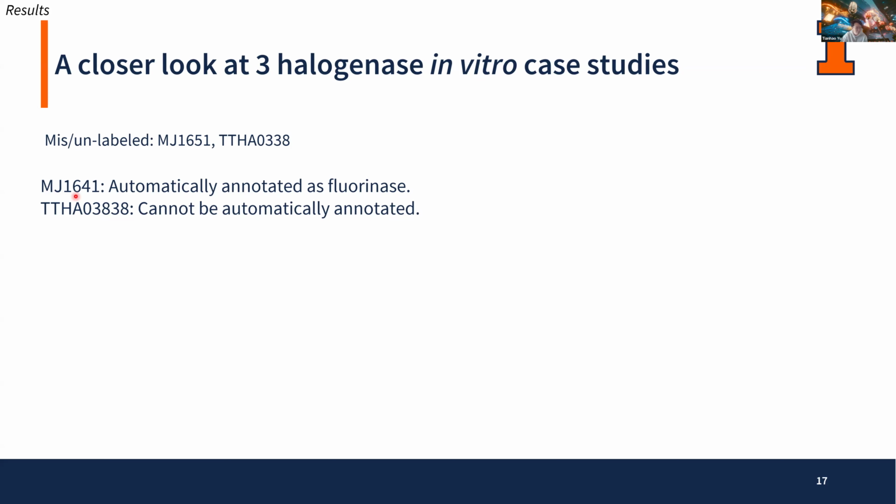So the MJ enzyme, according to UniProt, was automatically annotated as a fluorinase. And the TTHA was not able to be automatically annotated. So basically, it'll just say uncharacterized hypothetical enzyme in the database.